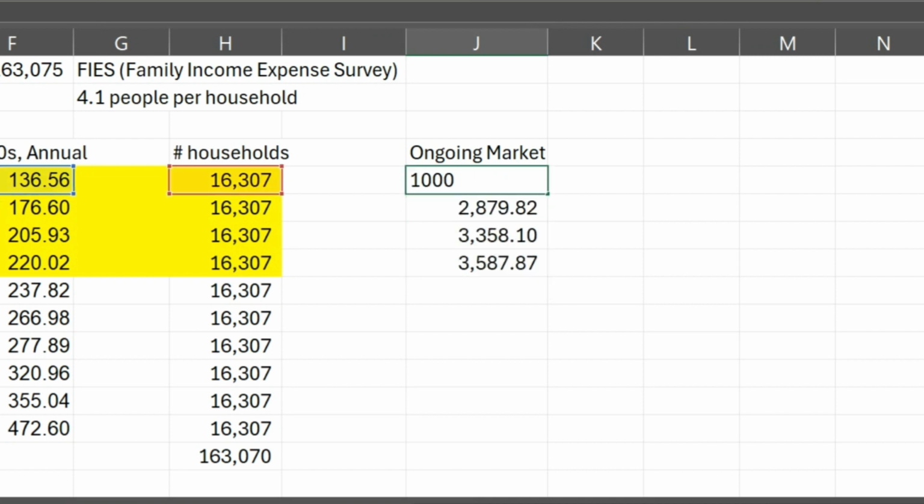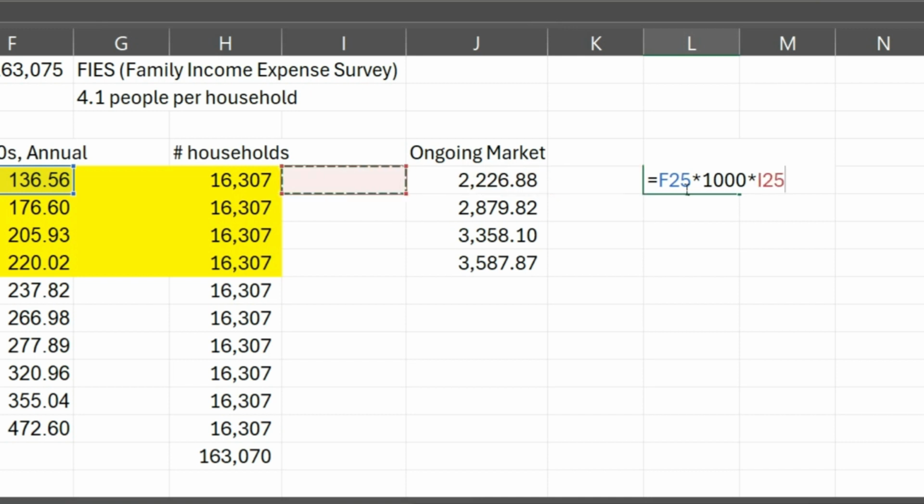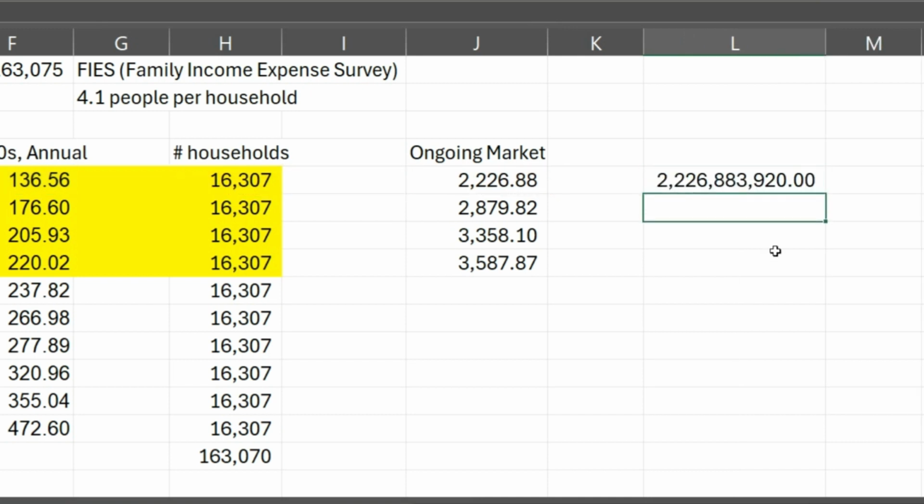Why? Because this is 136,000 multiplied by this. So let's just do it the long way. 136,000, multiplied by 1,000, multiplied by the households. So you have 2.2 billion pesos.